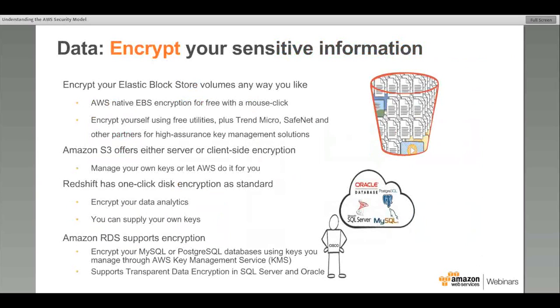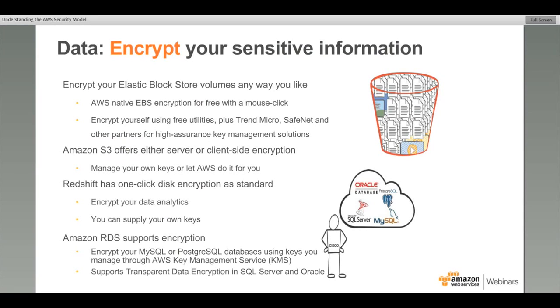So encryption is a foundational control. It's not the panacea for everything, but it's something that we encourage you to take advantage of whenever you can. Many of our services have native support for encryption. For example, in EBS, our Elastic Block Store, you can create encrypted volumes.